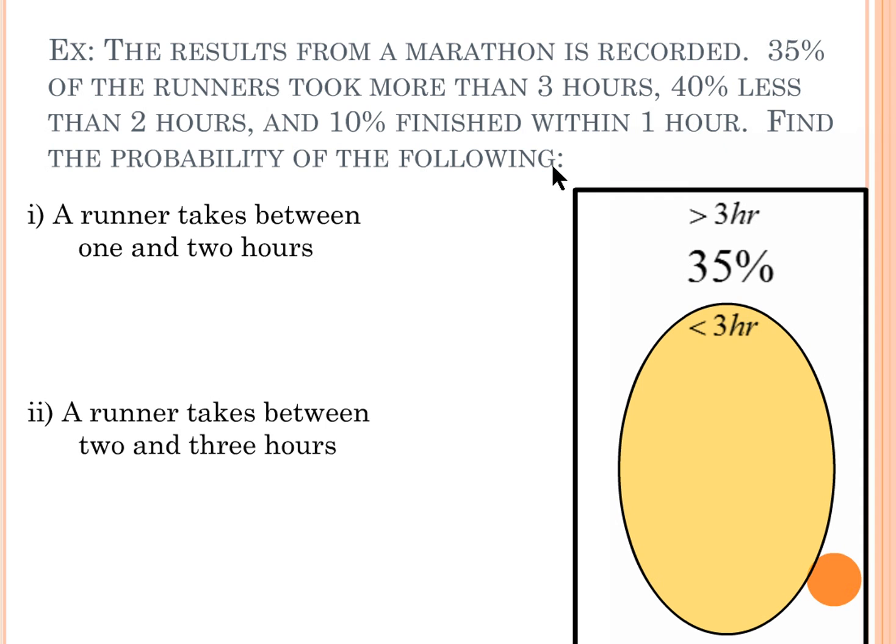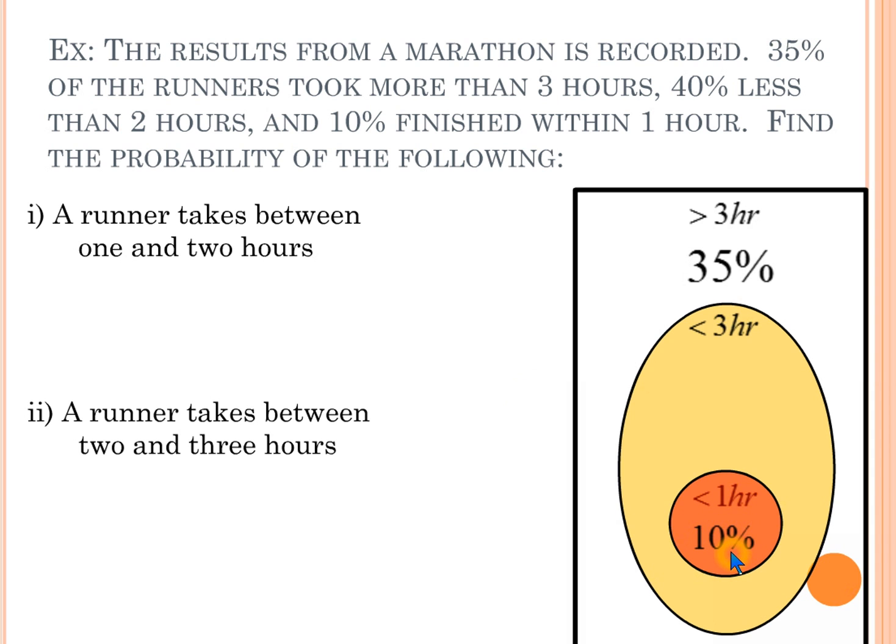Okay, so let's take a look here. If you're less than 1 hour, that is also included as less than 3 hours. These things can happen at the same time, so they're non-mutually exclusive, because if you finish less than 1 hour, then you've also finished less than 3 hours.